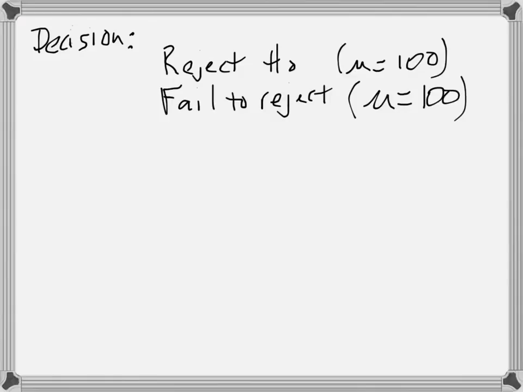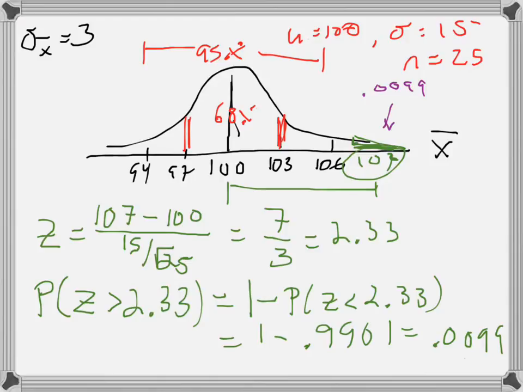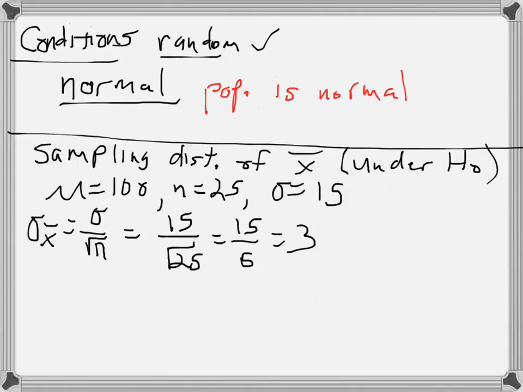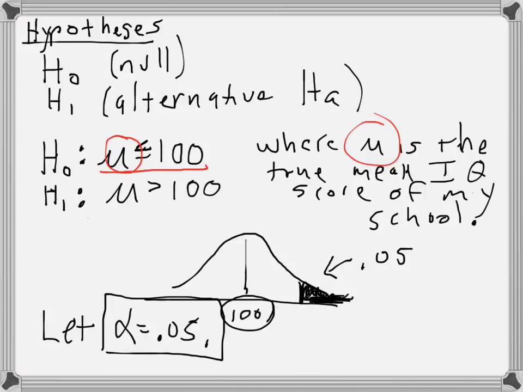Okay, so in this case, going back to my decision, my p-value was 0.0099. Do I reject the null or fail to reject the null? Well, I use that value that I had said before, this number alpha, that significance. I kind of said, how unusual does something have to be? And I drew that cutoff at 5%.